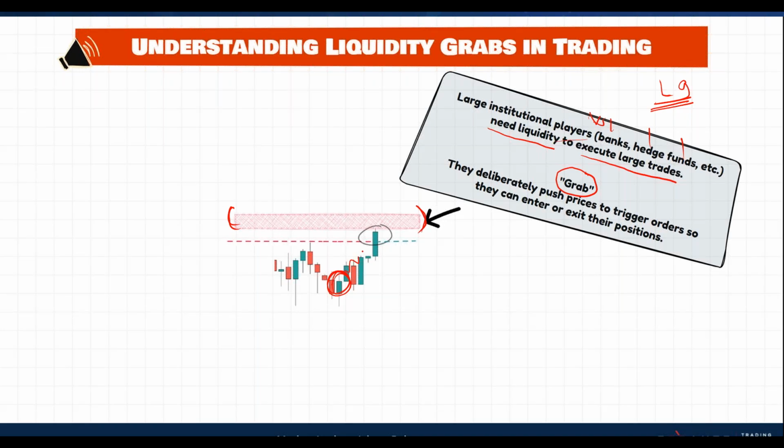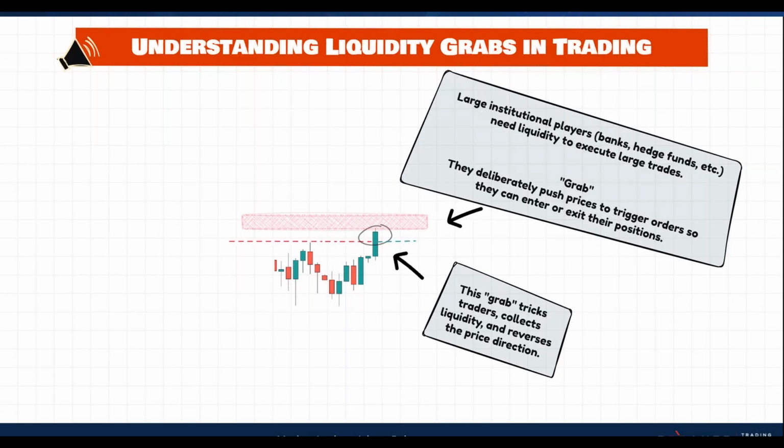So he will have his orders placed over here, and he'll deliberately push the market towards his TP. And the TP of this guy may be the SL of this guy who sold over here. Keep this concept in mind. I know these are advanced concepts, but down the line, trust me, once you have understood all these concepts, this will be much easier for you.